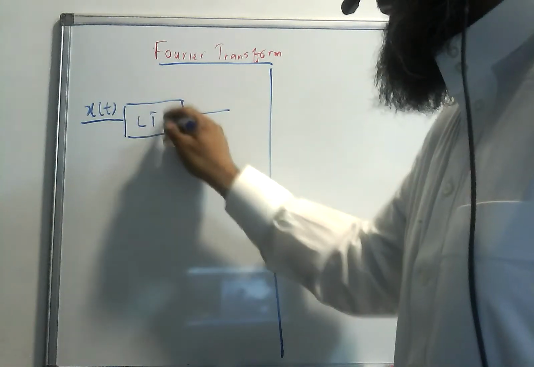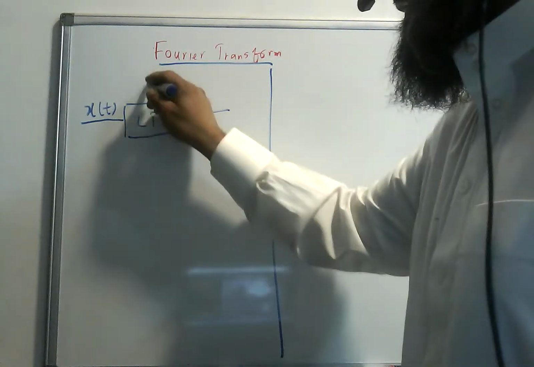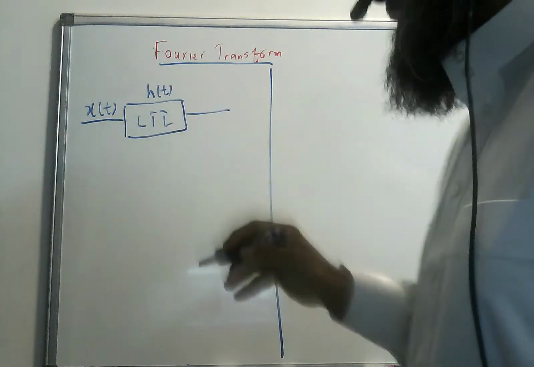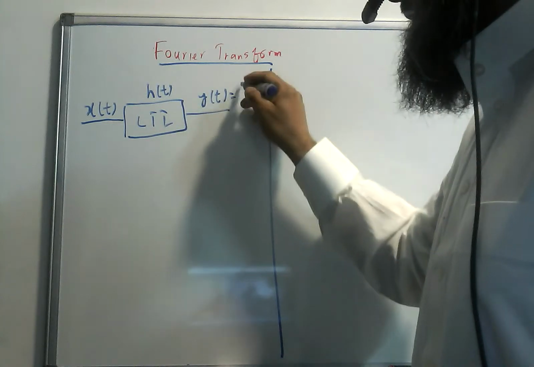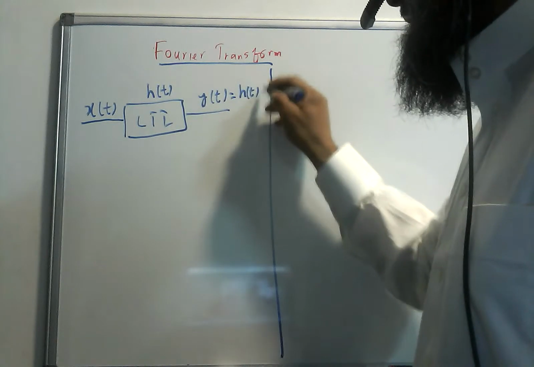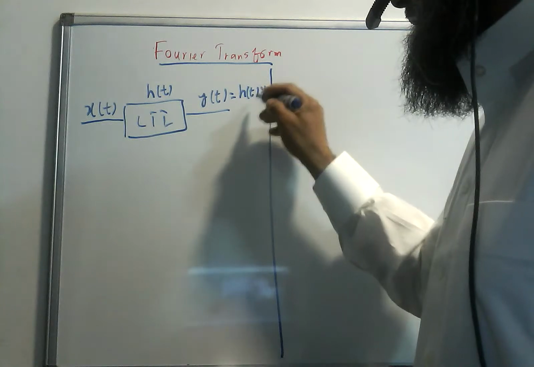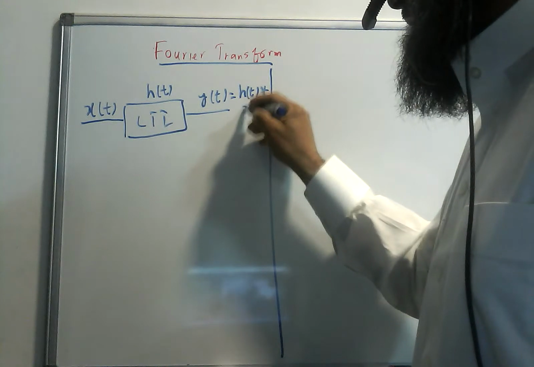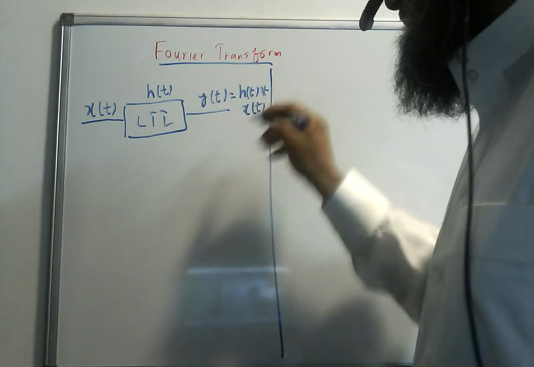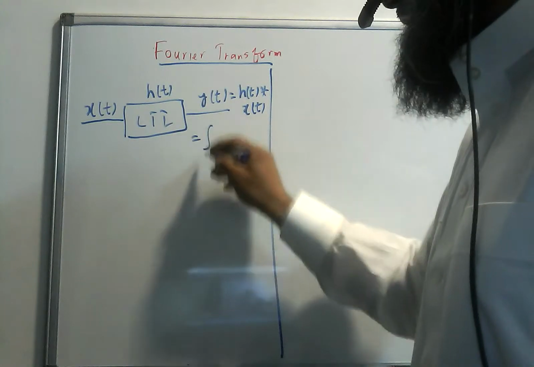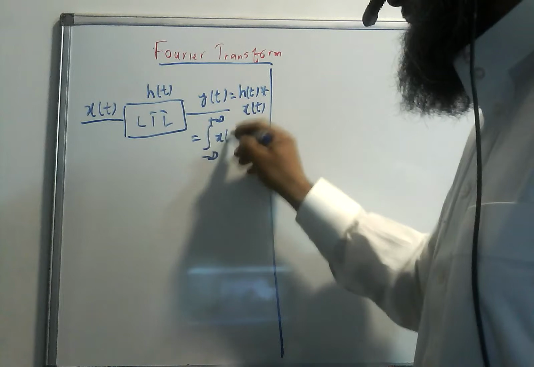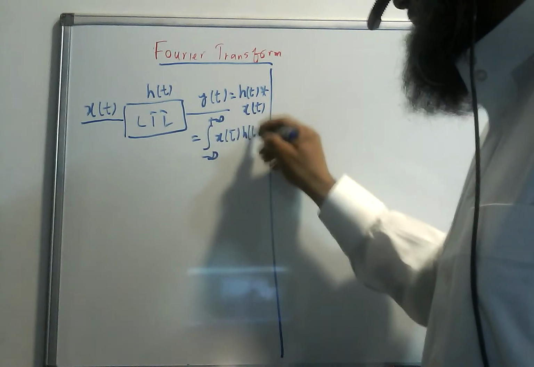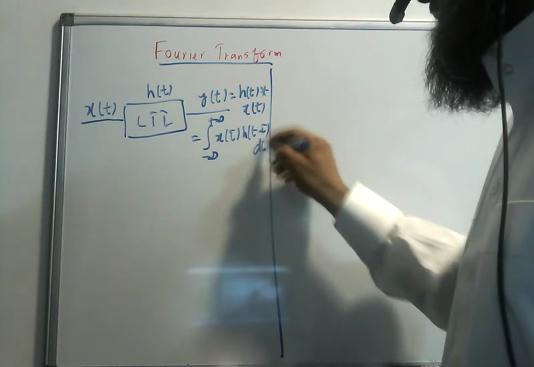So, if we have an LTI system and there is an impulse response, the output of the system is h of t convolved with the input, and that is equal to that integral, h of t minus tau d tau.